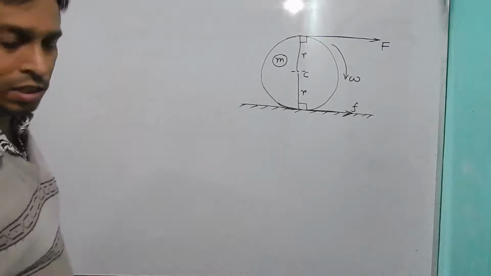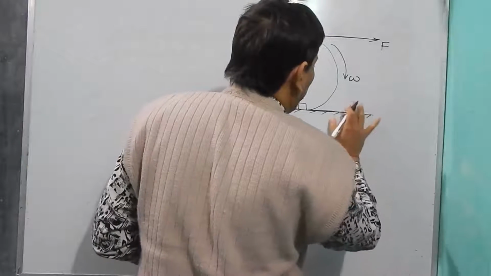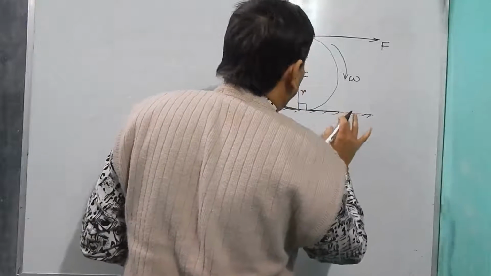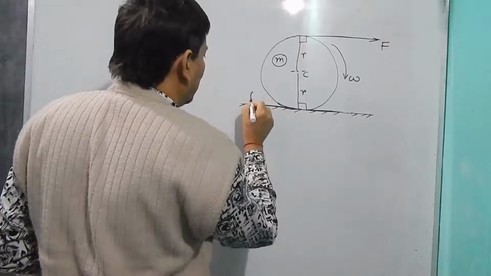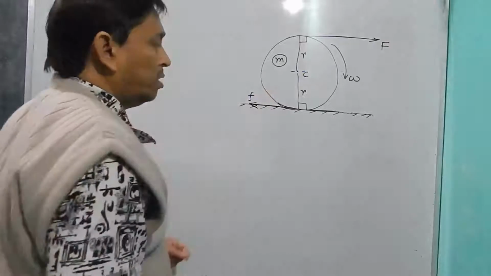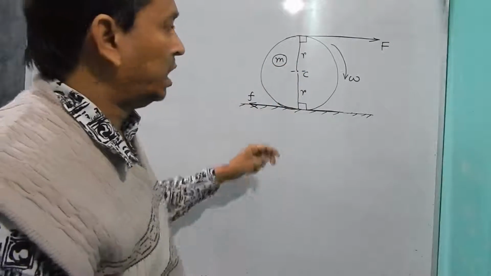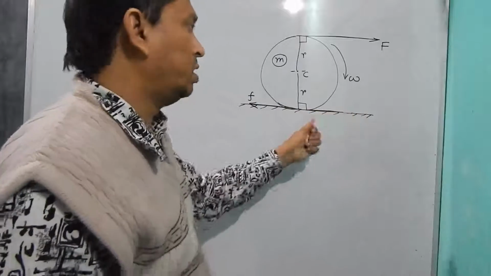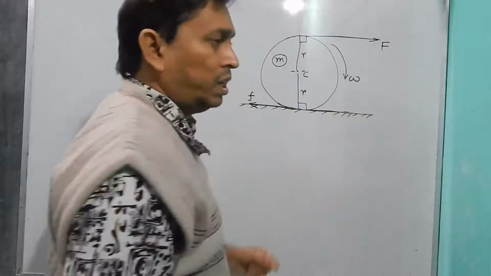I have taken the frictional force in this direction, but now we will take the frictional force in this direction. It will not create any problem, because actually we don't know in which direction the frictional force will act. It may act in this direction or in this direction. So you can calculate in either way.